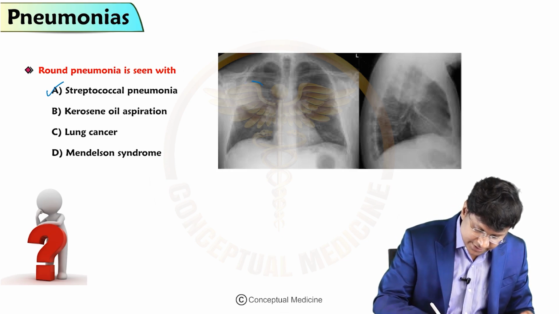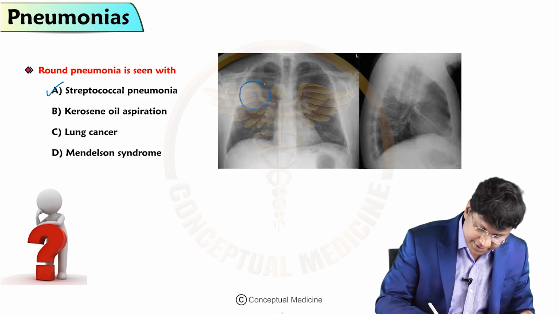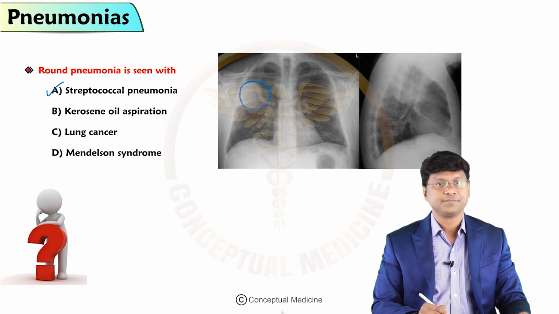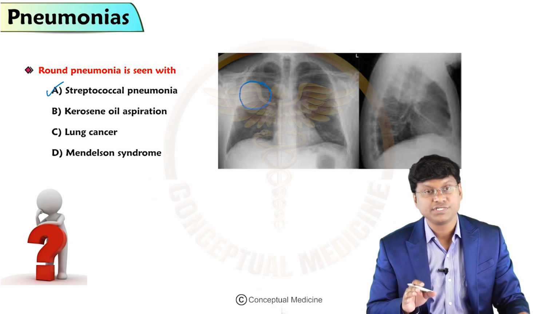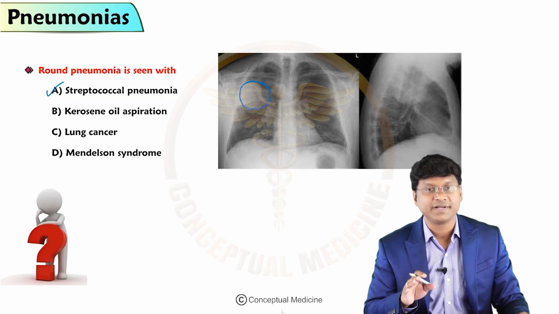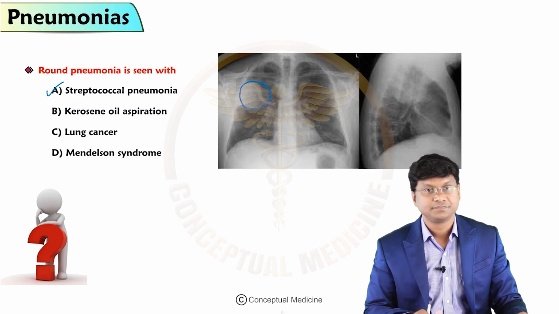You can see here the consolidation, right? It is round in appearance. Streptococcal pneumonia infection is characterized by homogeneous parenchymal lobar opacities with the presence of air bronchograms.